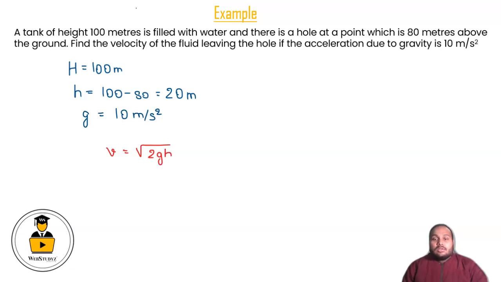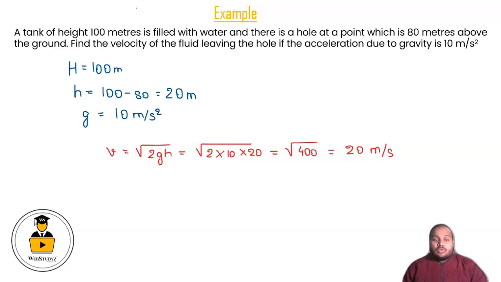Simply put the values: 2 into 10 into 20. The answer will be under root 400, which is 20 meter per second. Fine. So the fluid will be leaving the hole at a velocity of 20 meter per second.